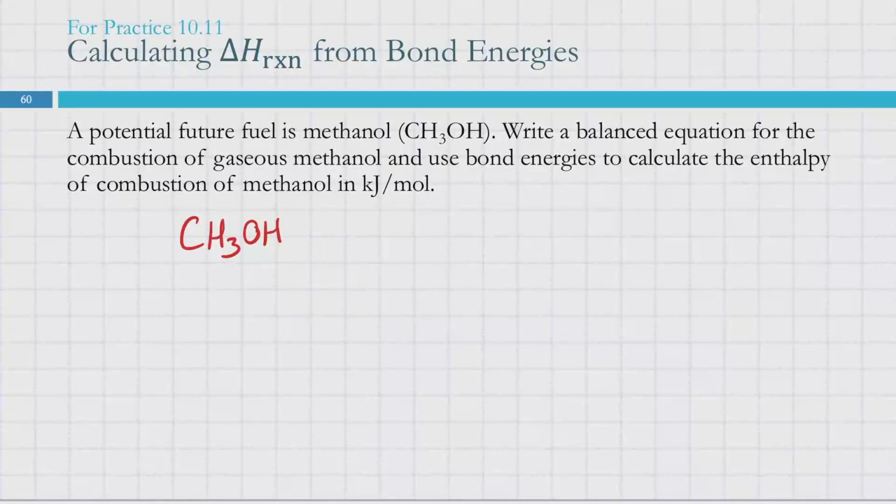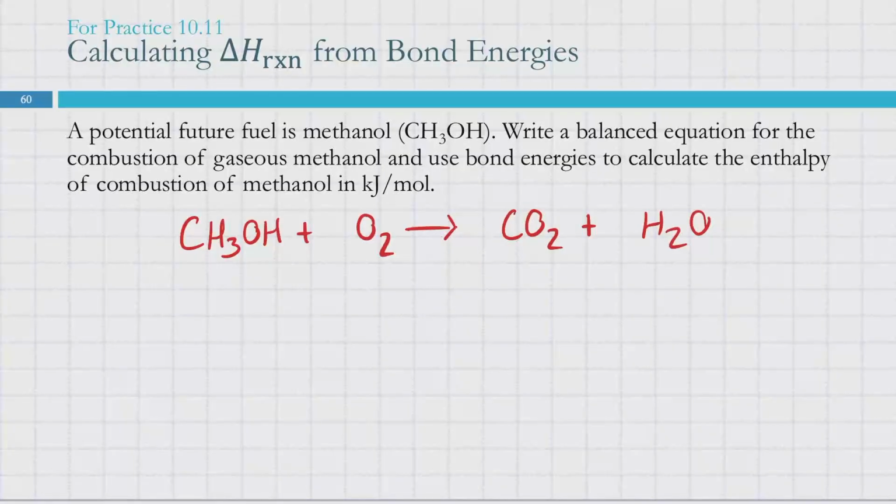So CH3OH plus O2 going to, what are some of our products? CO2 is one of our products, and our other product, water, H2O. So that's our basic skeletal equation for the combustion of methanol.